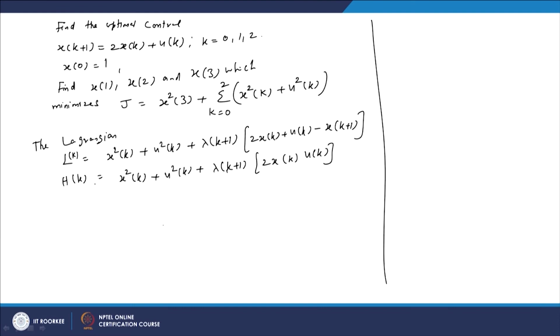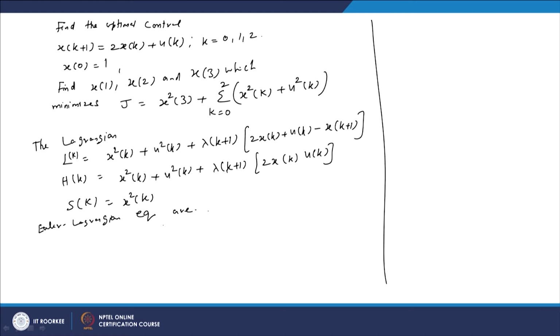Now the function S of k we can write as x square of k, that first term. So the equations are given by the necessary condition, the Euler Lagrange equation.